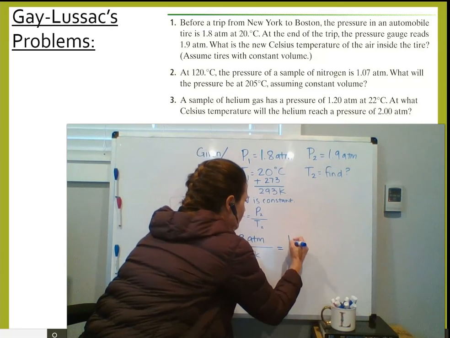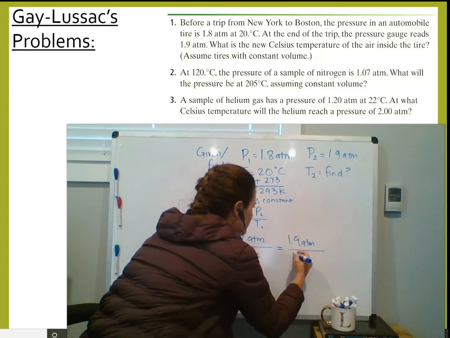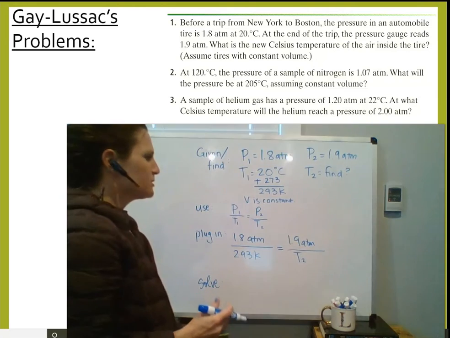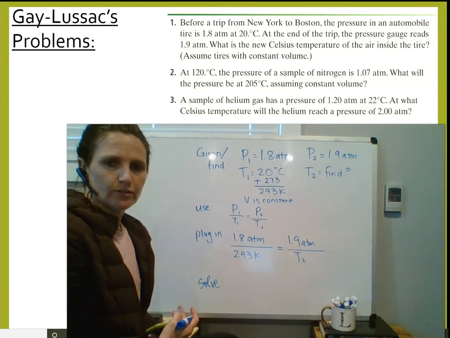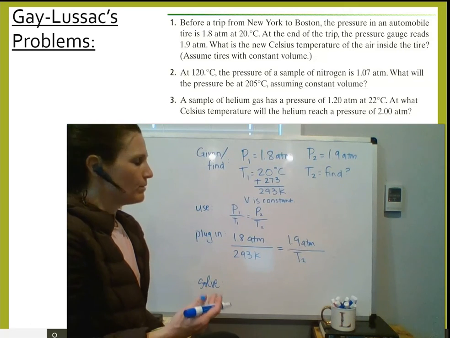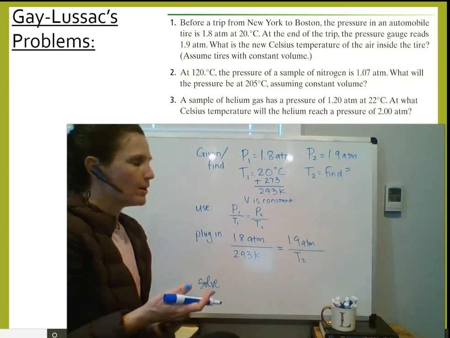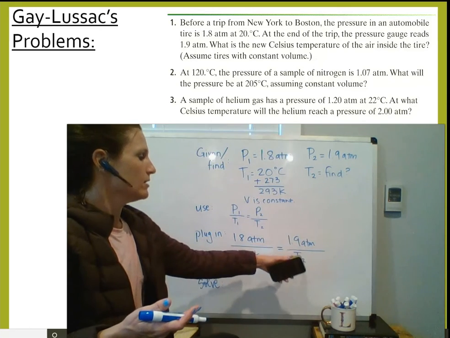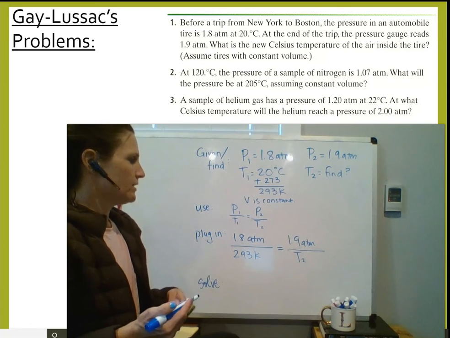Equals pressure 2, 1.9 atm over T2. Do we expect it to be warmer or colder than 293 Kelvin, given the pressure change? Remember that when the temperature goes up, the pressure also goes up. So since my pressure is now higher, I'm expecting a number higher than 293.